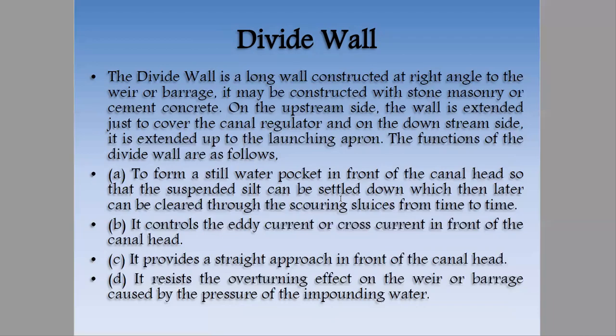It is required just to cover the canal regulation, meaning the amount of water we need to supply to the canal. That will be regulated using this divide wall. It will divide the whole barrage system into two portions, or maybe more than that, depending upon the canals we have.